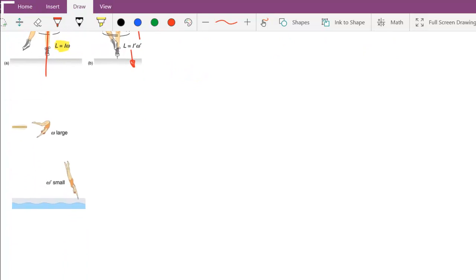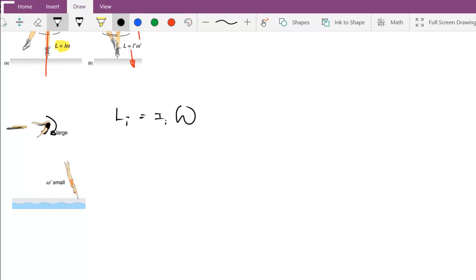Another instance you might be familiar with is doing a flip off of a diving board or a rock. When you flip, you might tuck in. So when you pull in, you're rotating about maybe an axis that goes right into the screen, through the center of your body, and you're rotating like this. When you're tucked in, you have a very small rotational inertia. Initially, we'll say we have a small rotational inertia, and so you have a large rotational velocity.